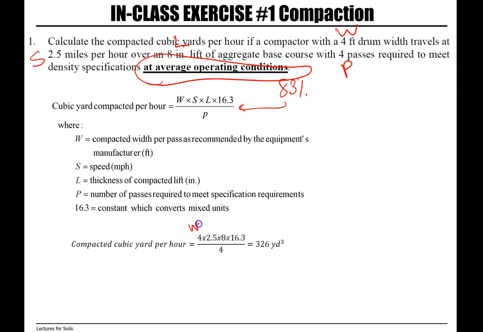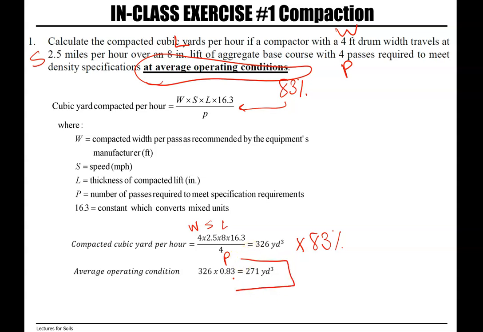So W times speed times thickness of lift divided by P, and then this number needs to be multiplied by 83%. This is the actual material compacted in cubic yard per hour.